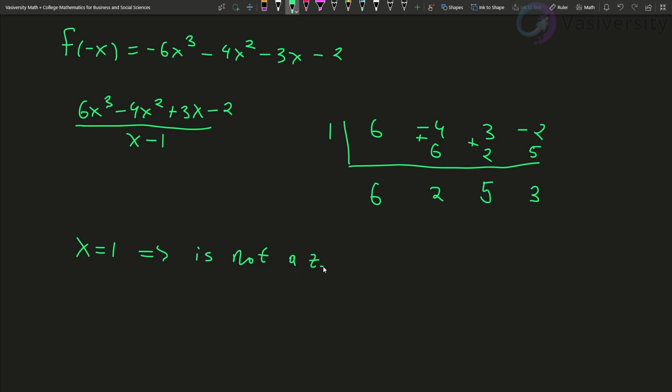The last row has positive entries. However, we know that x equal to 1 is an upper bound for the real zeros, so we have to be somewhere less than 1. Most of them are less than 1, but let's take the closest one to 1.